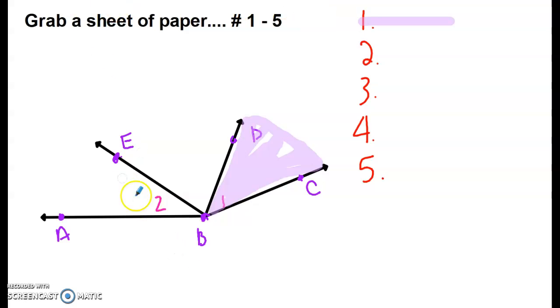For number 2, I want you to go ahead and label this angle right here. For number 3, I want you to identify this entire larger angle.